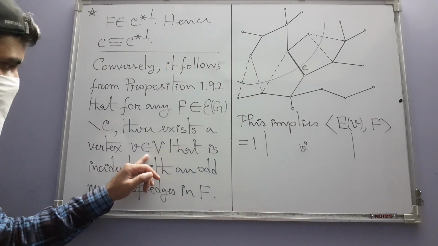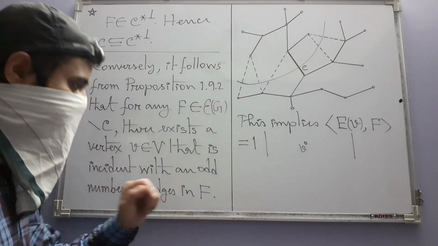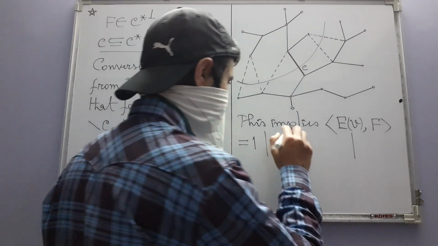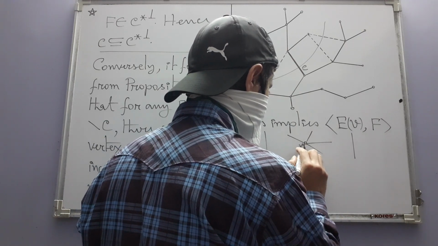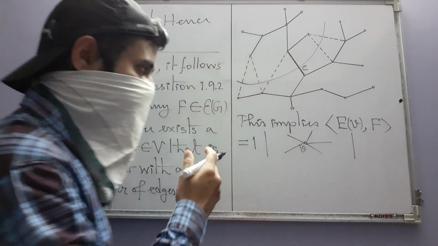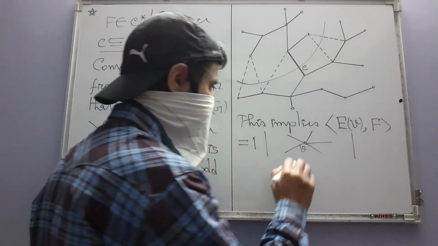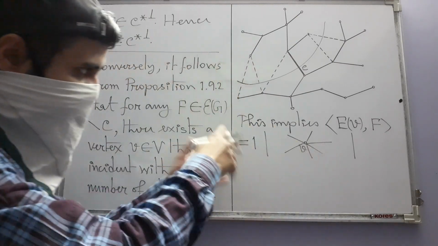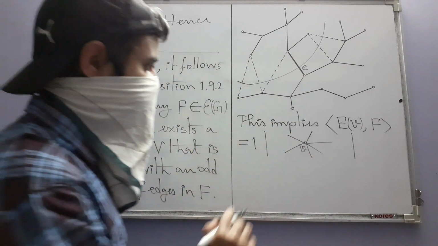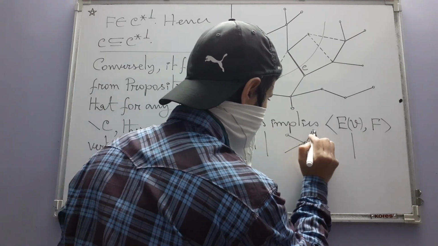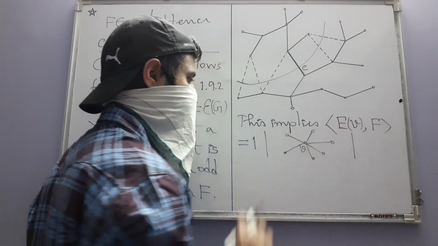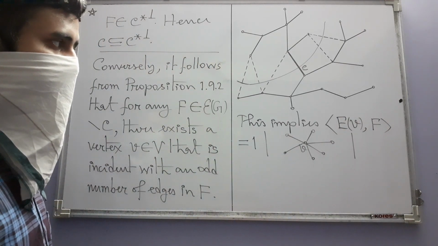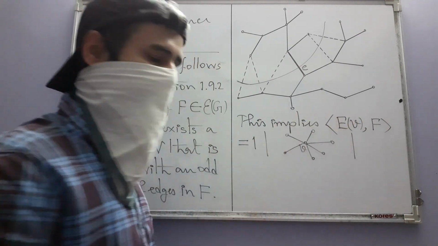Now V is incident with an odd number of edges in F. So edges at V, this number of edges is odd. But these are edges which are elements in the set F. And what is EV? Do you remember EV?